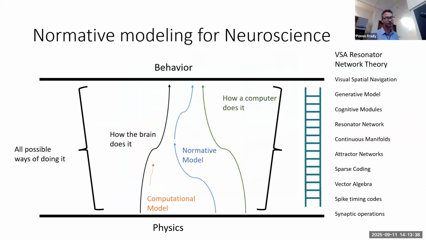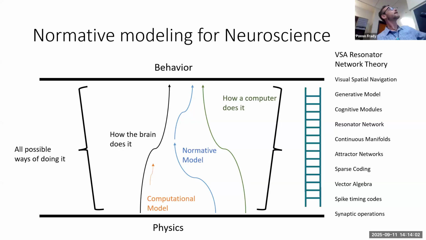And so then what we're trying to do is make this more normative modeling for neuroscience idea. Really, we're kind of stuck between how does the brain do it versus how can we get our computers to do some behavior, and we have to go all the way down from physics to behavior.